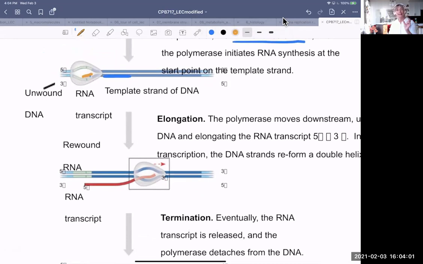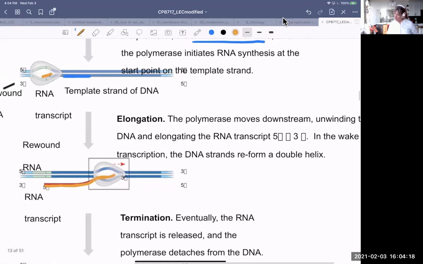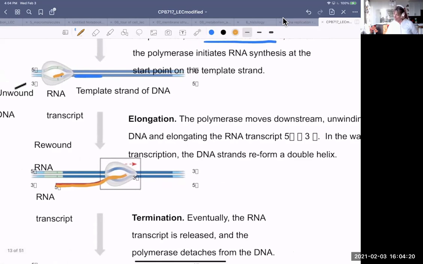And then that RNA strand starts to elongate. It gets longer and longer. So here it is here, getting longer. And the polymerase moves downstream, unwinding the DNA, elongating the transcript from the 5' to 3', because a new nucleotide can only be added onto that 3' end of that growing strand.